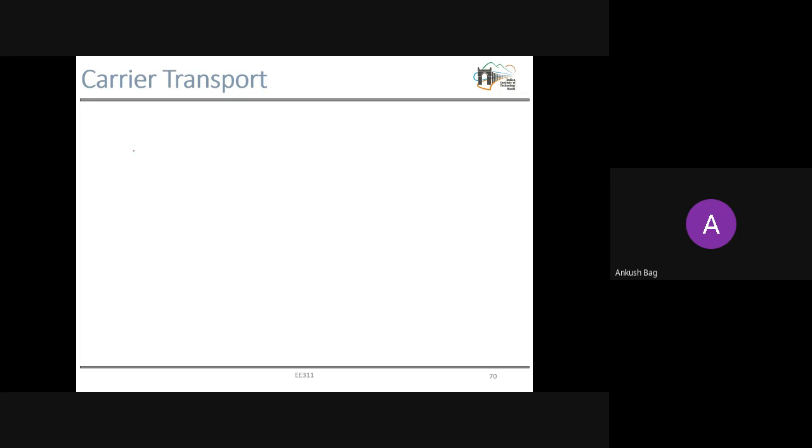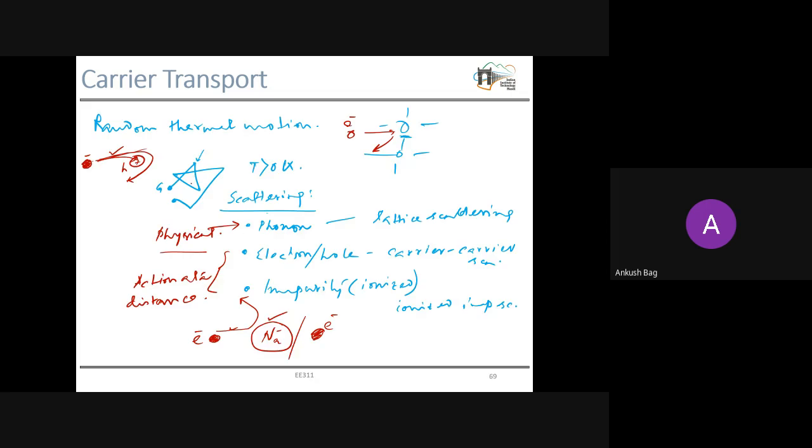Okay. So regarding scattering, there is also something called reflection. Here you have this kind of change of direction in the carrier path. Is this scattering or is this reflection? When will you call it reflection, and when will you call it scattering?